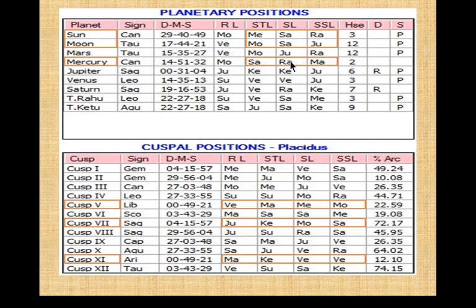And Mercury, star is Saturn, sub is Rahu. Saturn in 7th, and Rahu represents Venus. And Venus appears in 5th and 11th. So 5, 7 and 11, all the three cusps are getting stimulated. If stimulation happens to any two out of these three cusps, then event happens provided transit supports.